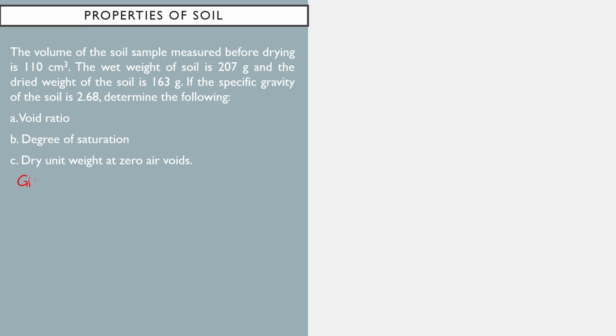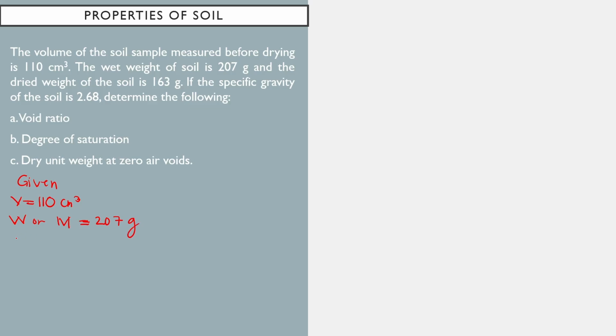So, ito given natin. The volume is 110 cubic centimeter. Yung total weight ng soil sample natin, or yung mass ng soil sample natin, ay equal lang siya sa 207 grams.